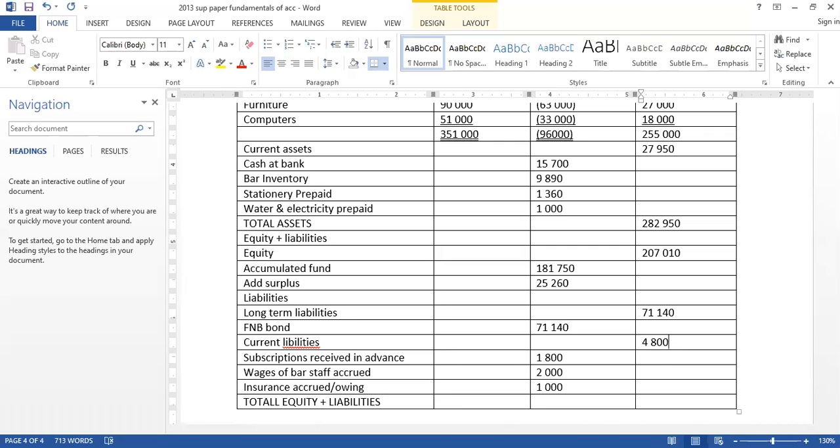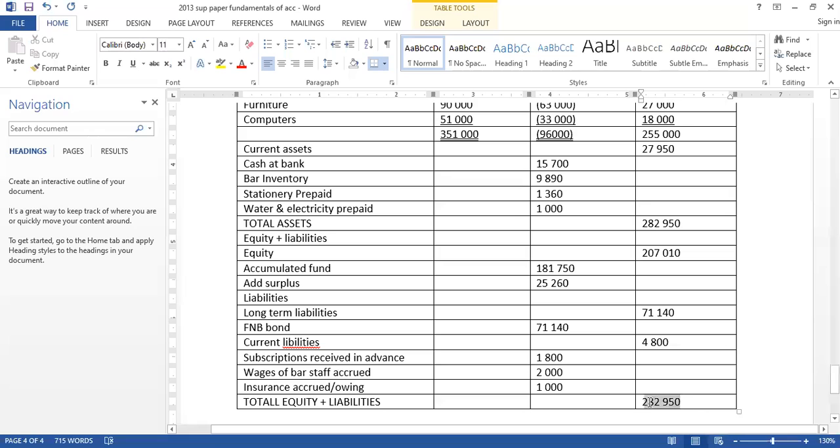How much are we getting? 282,950. It's balancing. This is the most satisfying moment of an accounting student, when your balance sheet balances.